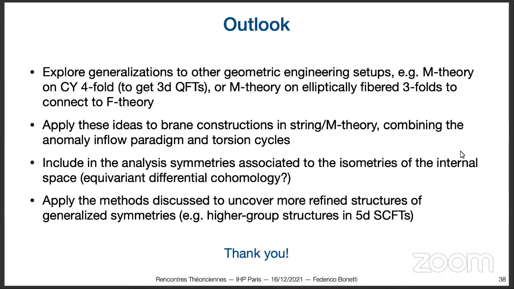Or maybe another way of phrasing my answer would be, here I have been only considering torsion in the internal space. It's also very natural and probably very important to wonder what happens if I also allow my external spacetime to have torsion. And then I would agree that almost certainly a BF formalism might not be enough, because there could be more subtle phenomena that enter in the game.